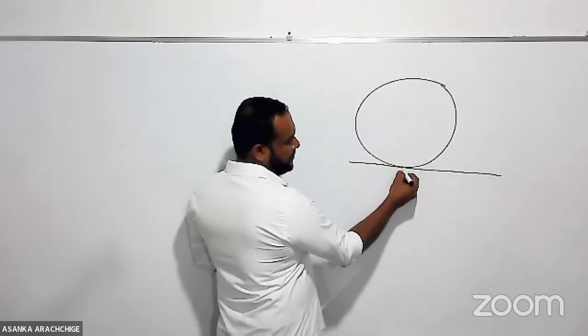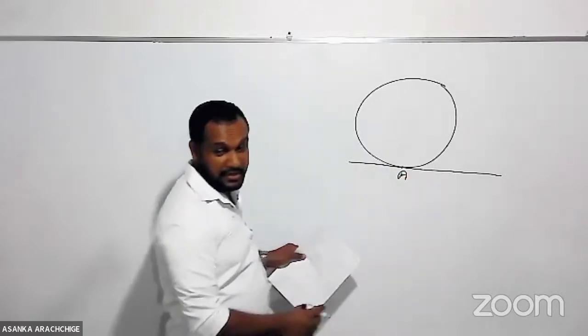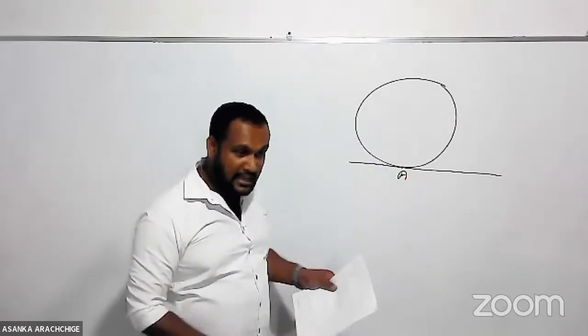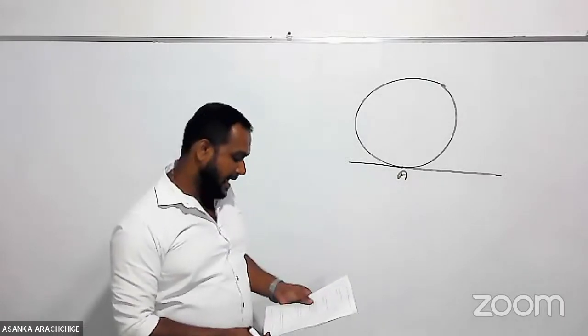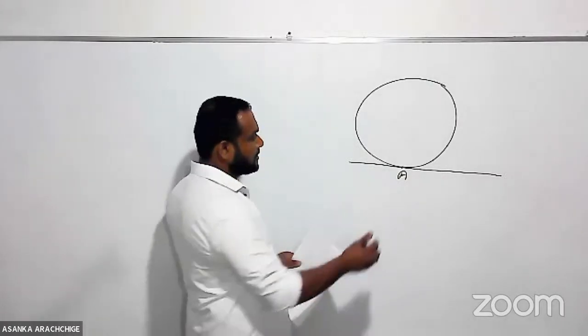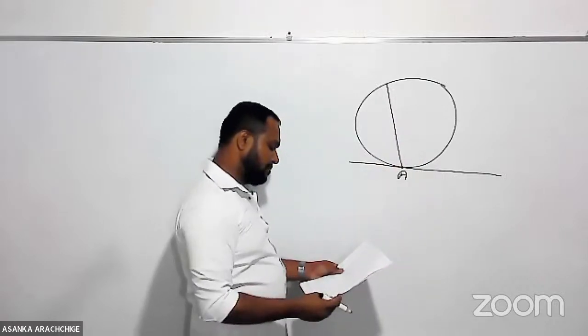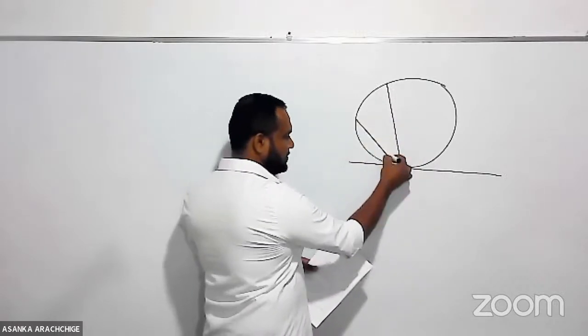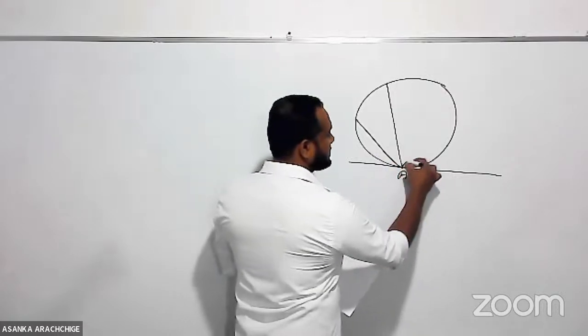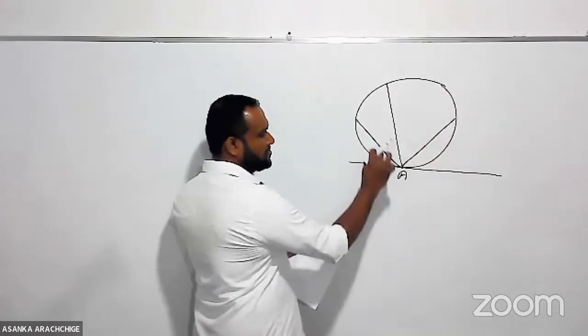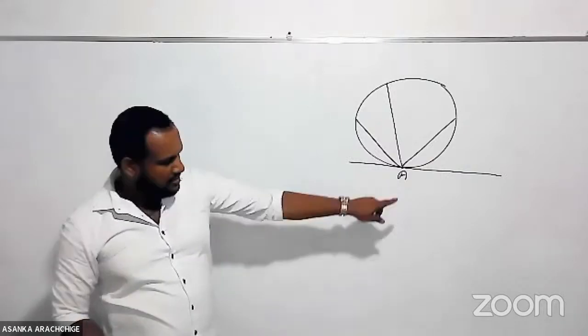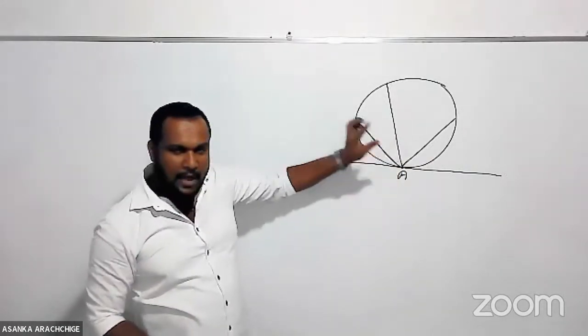This is the point of contact, also called the touching point. This is a chord drawn at the touching point, and so is this and this. All these three chords are drawn at the touching point.